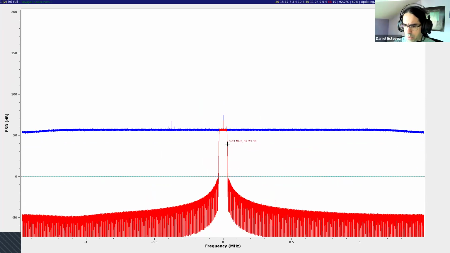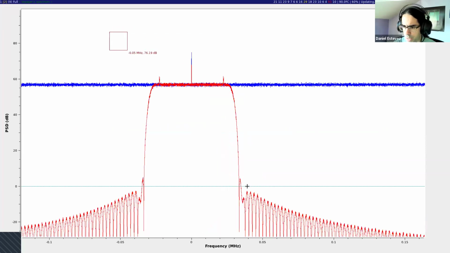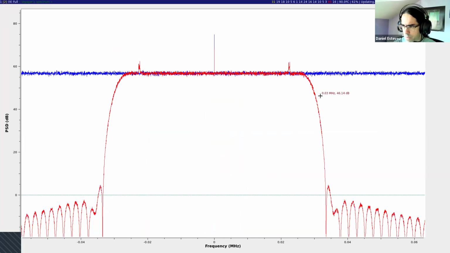So it cuts between this frequency and minus the same frequency. Let's put numbers. What is the cutoff frequency? About 30 kilohertz. So it cuts everything except for between minus 30 kilohertz and plus 30 kilohertz. Does this make sense? Everyone understands what's the goal of this low pass filter?